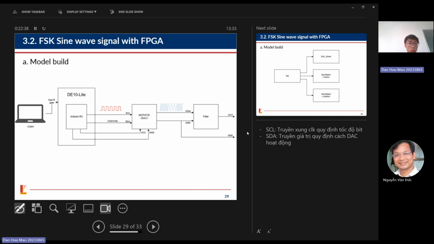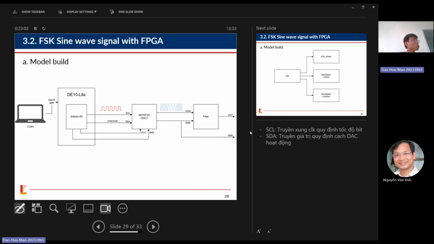Right. So that's why you use a DAC chip. The board you are using is not able to create the analog signal, so you use a DAC chip to convert the digital to analog signal.